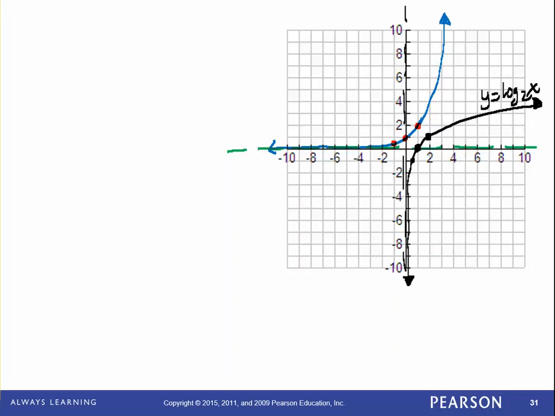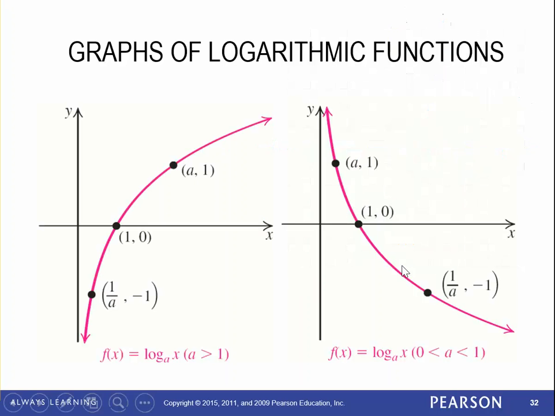Okay, so logarithmic functions come in different pieces here. If a is positive, a has to be positive in order for this to work here. But if a is greater than 1, we have ourselves the graph that we just looked at before.